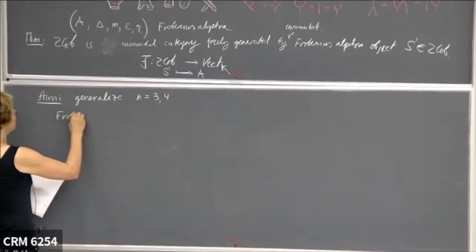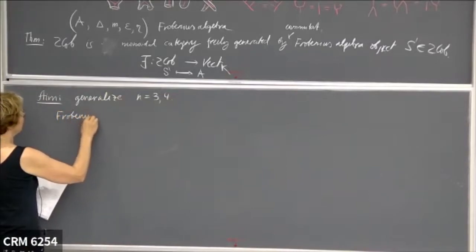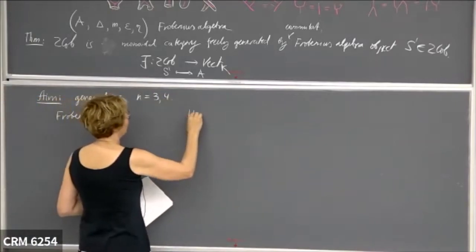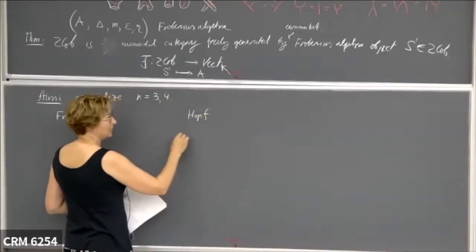So on the algebraic side, the idea is to exchange Frobenius algebra with Hopf algebra. And remember what a Hopf algebra is.